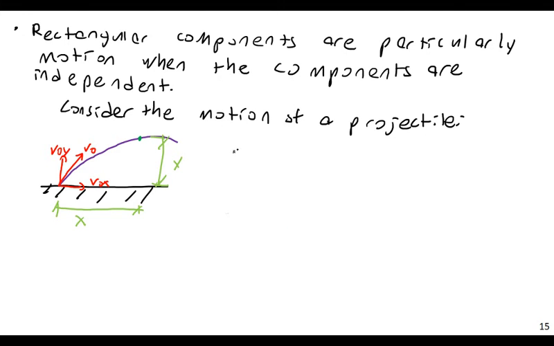Let's look at the x direction. The motion in the x direction is going to be the second derivative with respect to time of x, x double dot, and this is just going to be equal to 0. If you remember back to elementary projectile motion, the acceleration in the x direction is 0.